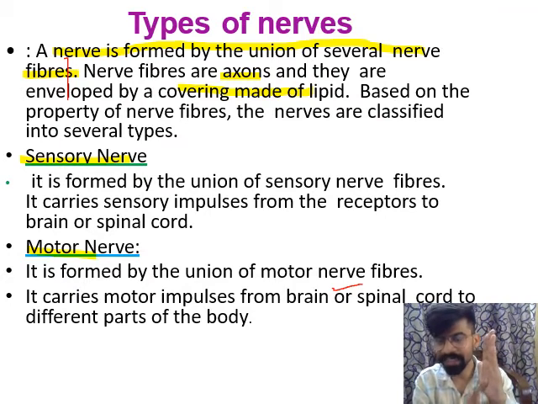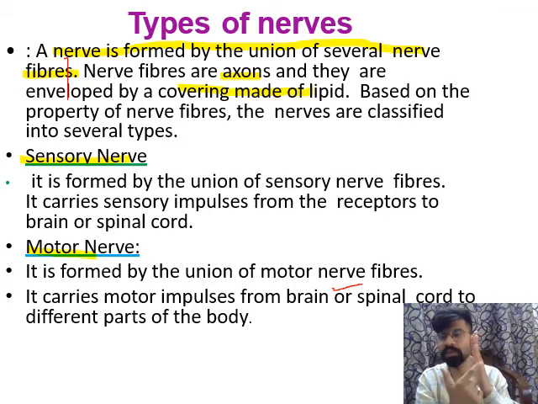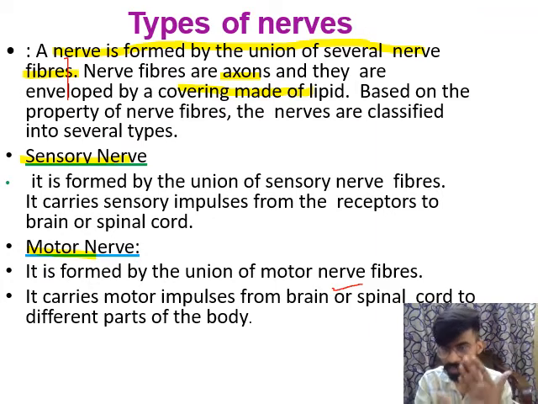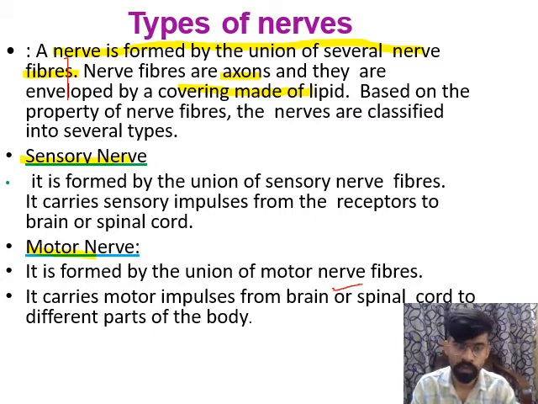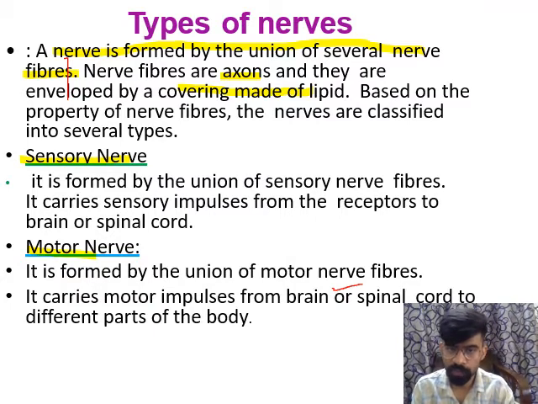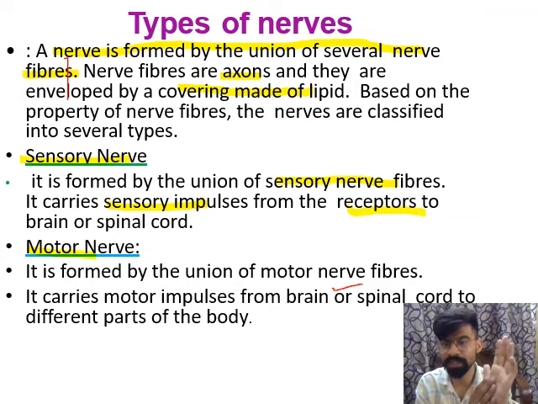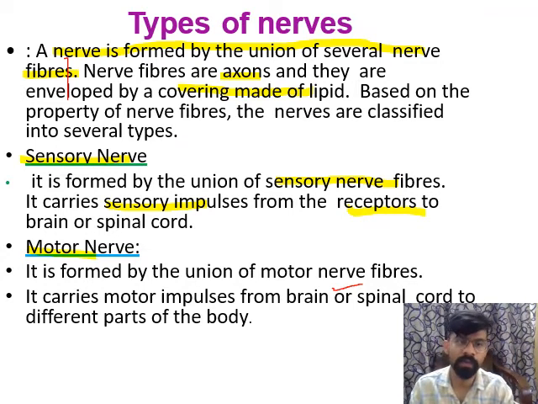Below this sensory receptor, sensory neurons are present, and this sensory neuron will transfer the message towards the brain, so that it can detect how hot the object is. So a sensory nerve is formed of sensory nerve fibers, and it carries the sensory impulse or sensory messages from the receptor, here the skin, to the brain or the spinal cord.